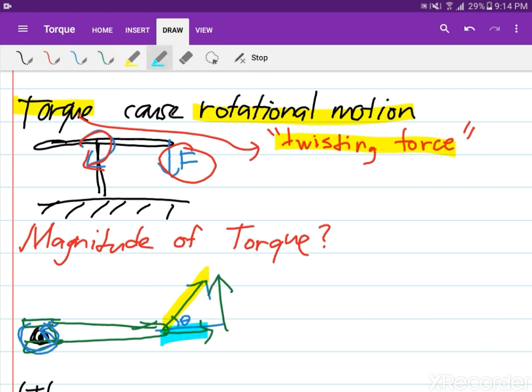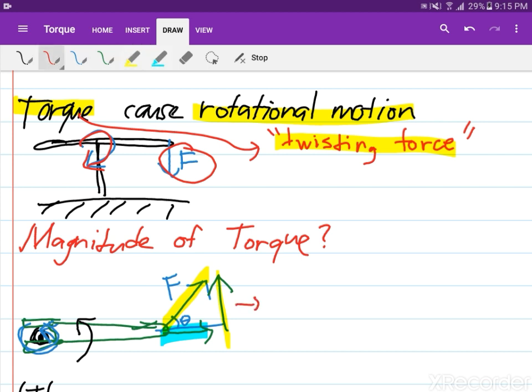Now, this horizontal component of that force, say force F, doesn't actually do anything for the tool to rotate in this direction. In other words, it's not effective to rotate. Only this component of the force has the ability to rotate in our desired direction.